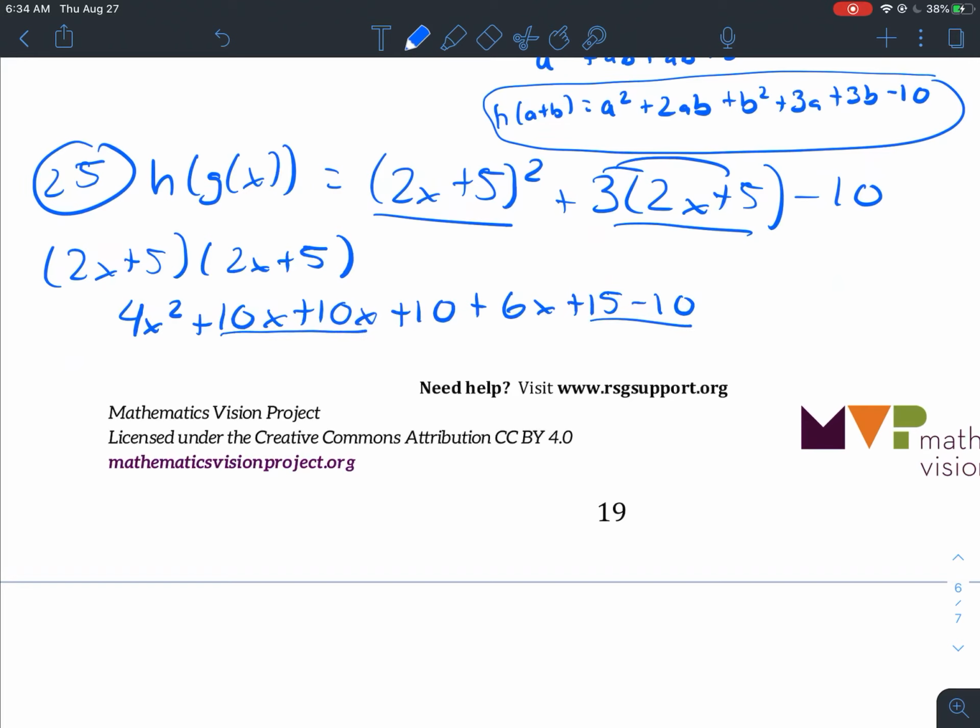And there's a couple of like terms we can combine. We can combine these guys and we can combine these guys. So I get 4x squared plus, actually we can combine these guys as well. So we get plus 26x. And this guy has to go with the constants. Oh, you know what?